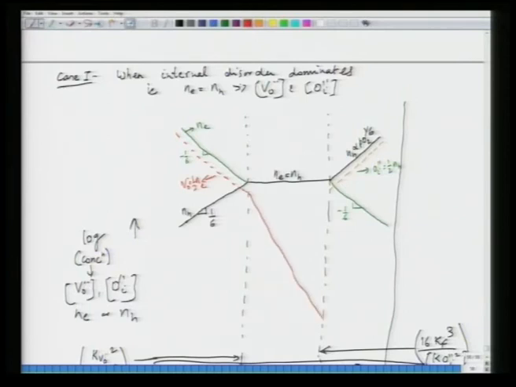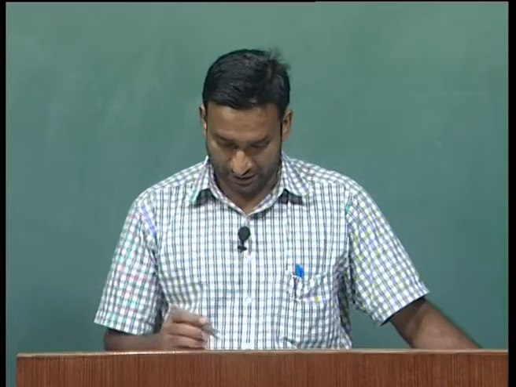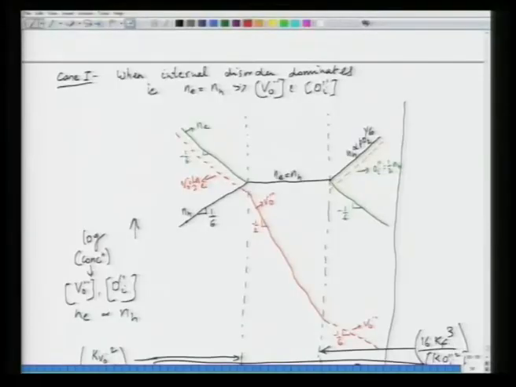This will be your VO and this will vary at minus half, and again it continues to vary as minus 1 by 6 in the higher pressure region. I will just draw this line which somehow got erased.